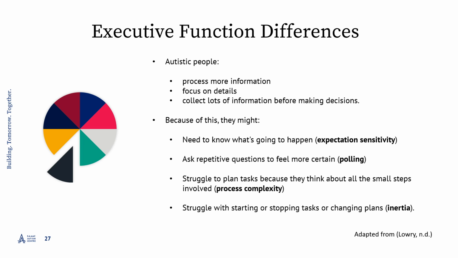Finally, they may struggle with starting or stopping tasks or changing plans because of something called autistic inertia. Understanding that these executive functioning skills can be challenging for autistic people shows you that they're not being difficult, they are struggling, and that they may need assistance and accommodations to plan and work through their thinking processes.